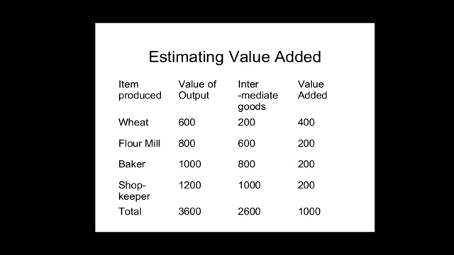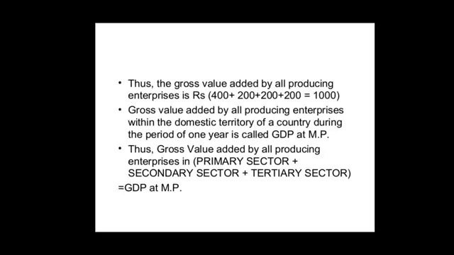Thus, the gross value added by all the producing enterprises is rupees 400 plus rupees 200 plus rupees 200 plus rupees 200, which is equal to rupees 1000. So, the total of rupees 1000 should be included in the calculation of national income.